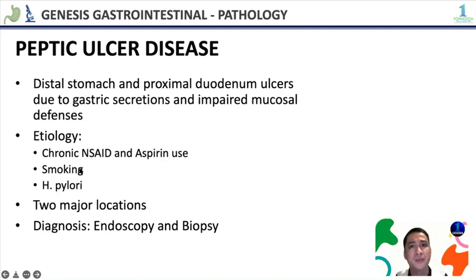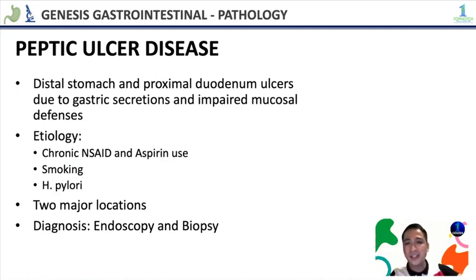Smoking will cause a decrease in blood flow, and H. pylori, of course, is a great player for PUD development. Okay, so the diagnosis is usually via endoscopy, imaging, and biopsy, looking for the main culprit of peptic ulcer disease.